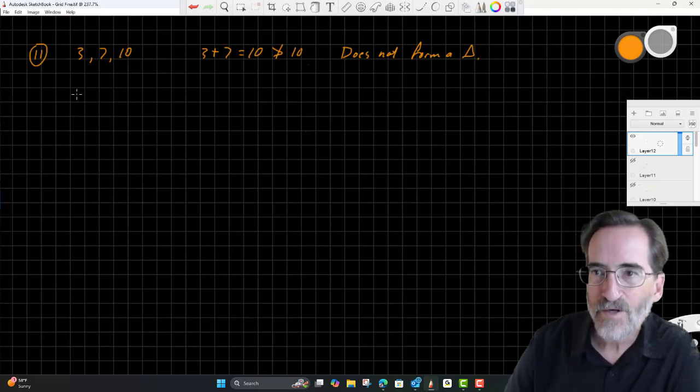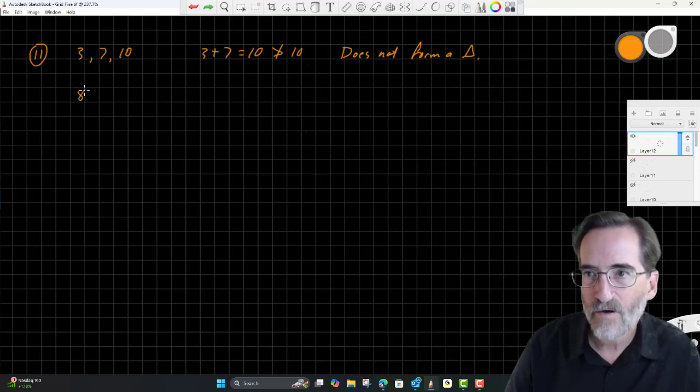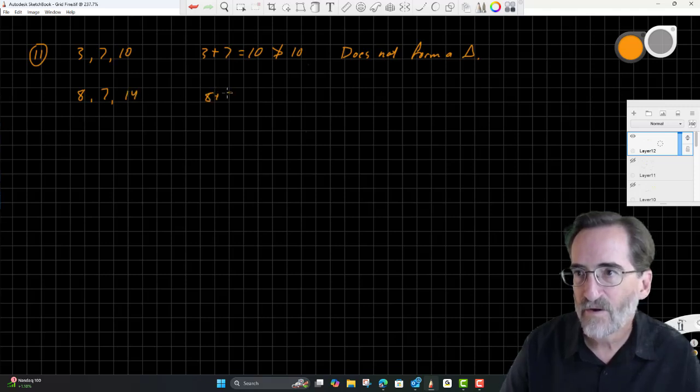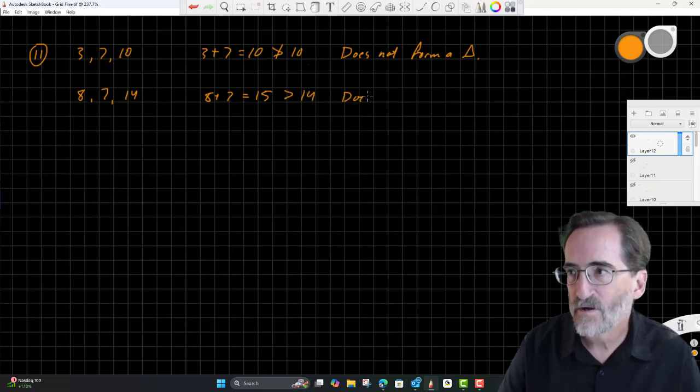Now let's try this one. 8, 7, 14. 8 plus 7, the two smaller sides, is 15. Which is more than 14. So it does form a triangle.